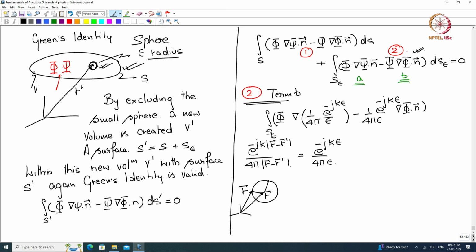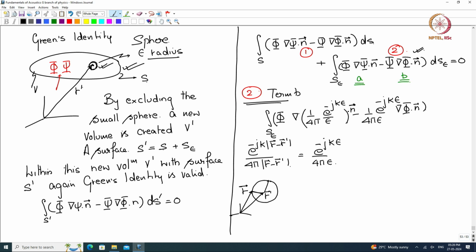So let's put an n over here, dotted with n. We still don't know what's going to happen.